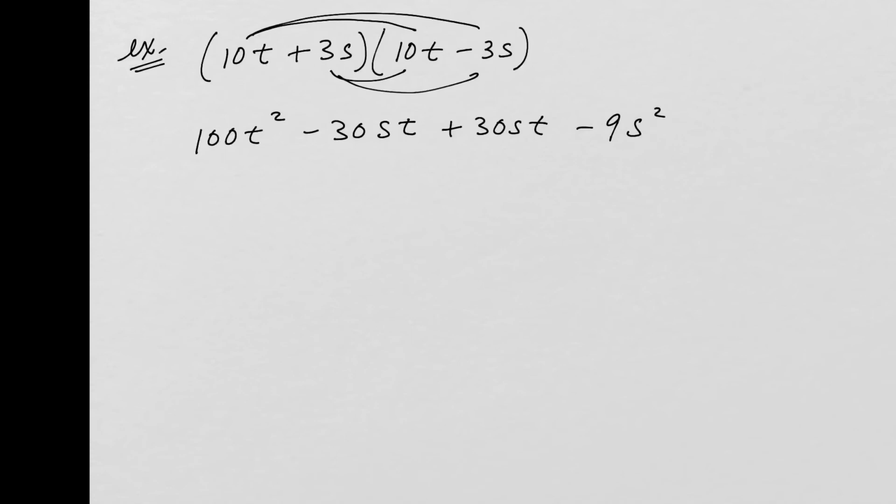And what's going to happen to the st terms in the middle, the like terms? They're going to cancel, right? So you're left with 100t squared minus 9s squared. So even if you forget the formula, you can always just multiply it out and you will get the correct answer at the end. So again, it's totally up to you on whether you want to use these special products from this particular section.